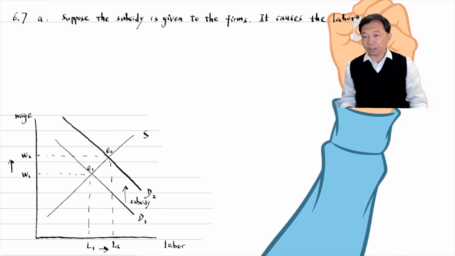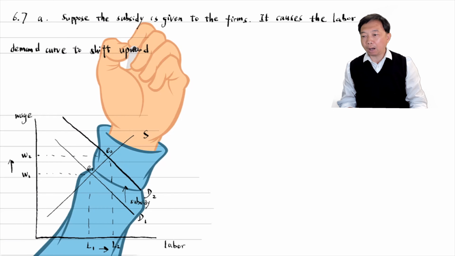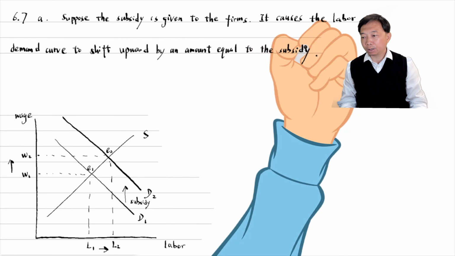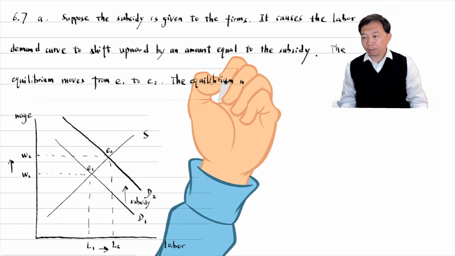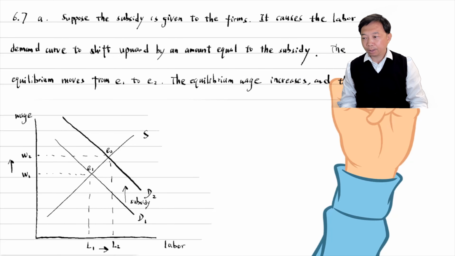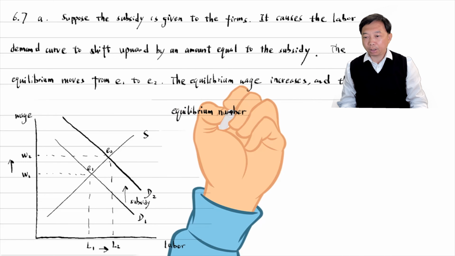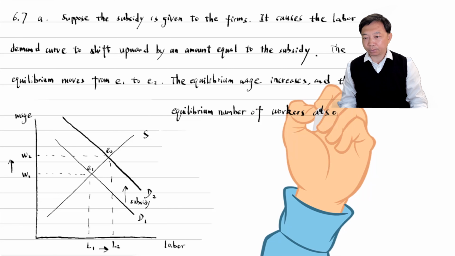It causes the labor demand curve to shift upward by an amount equal to the subsidy, because the subsidy reduces the production cost and the firms are willing to employ more workers at any given wage level. The equilibrium moves from E1 to E2. The equilibrium wage increases, and the equilibrium quantity of workers also increases.